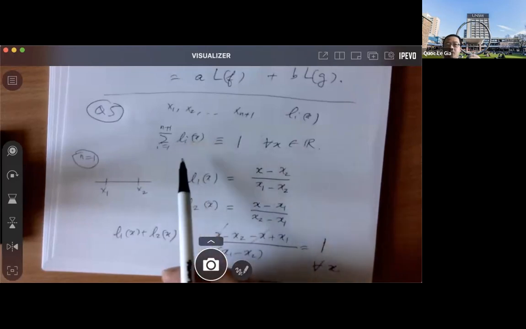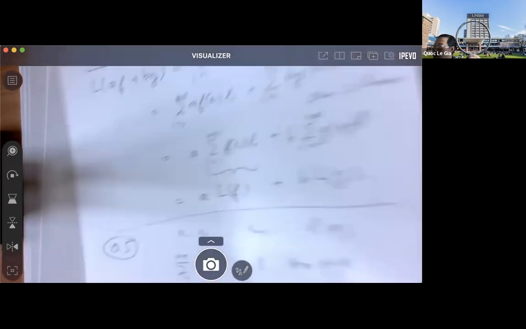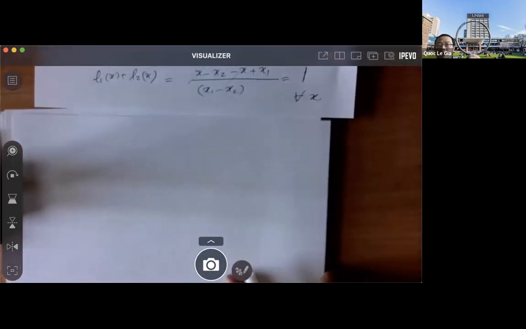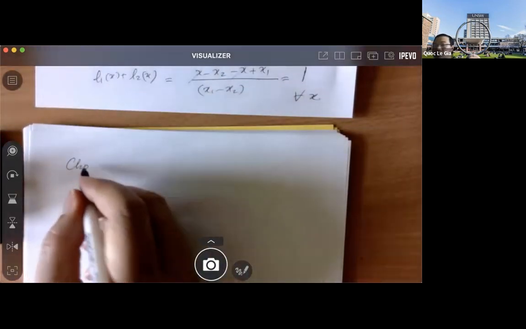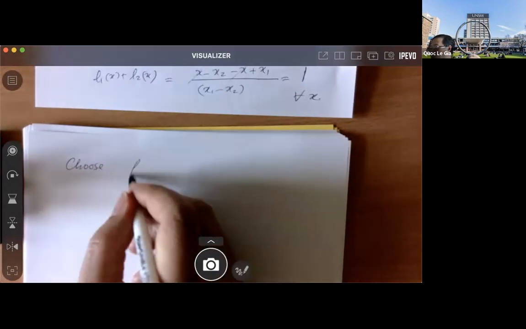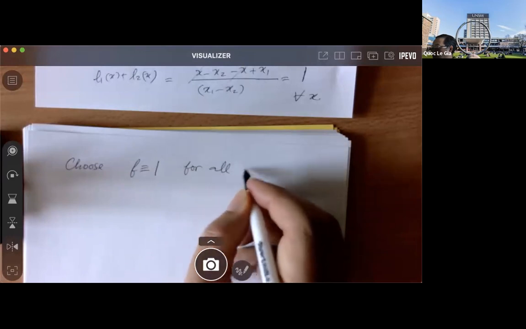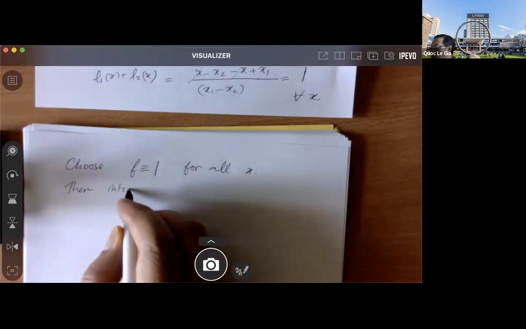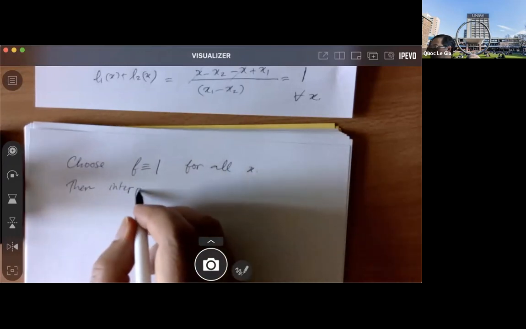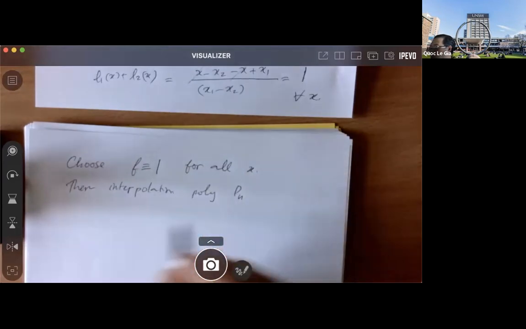If you let all the yi be 1, so now if you choose the data points to be 1, that is, f equal to 1 for all x, then the interpolation polynomial Pn is given like this.